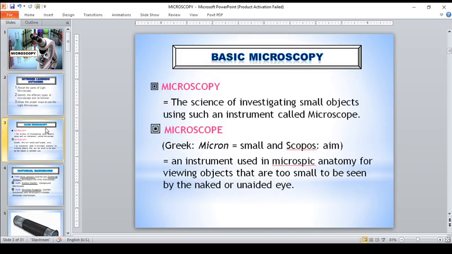So, we proceed. Microscopy is the science of investigating small objects using an instrument called a microscope. Why is it that the microscope is very important in our profession? Because there are a lot of organisms causing diseases that are not visible to the naked eye.